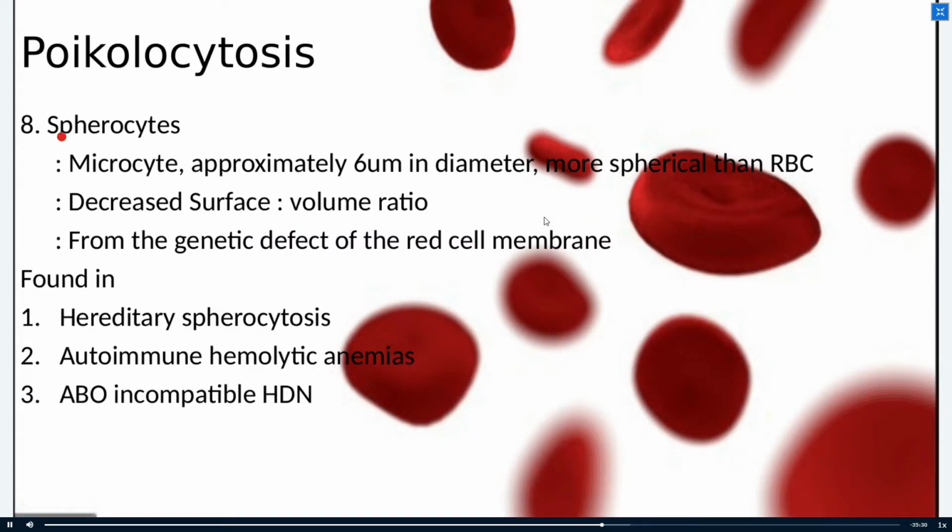Okay, another one would be your spherocytes, class. Now, your spherocytes are microcytes, approximately 6 micrometers in diameter. More spherical than a normal RBC. So they are really just small, small and round. They are characterized by a decreased surface to volume ratio and are usually caused by a genetic defect of the RBC membrane.